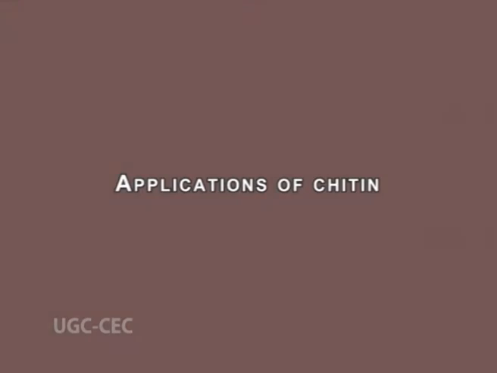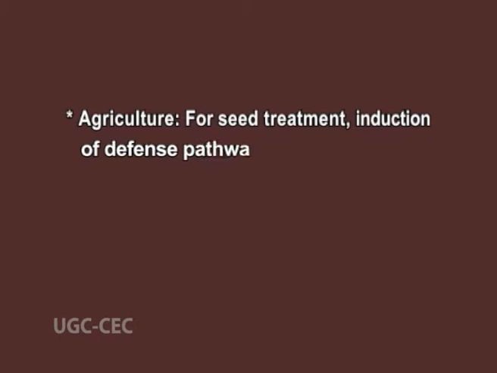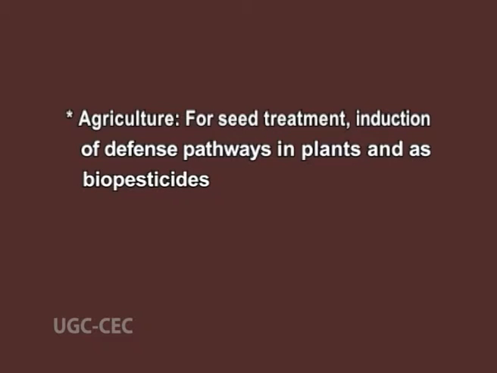Applications of chitin. Chitin finds several uses in sectors such as agriculture, medicine, biomedical research, and industry. Agriculture. Chitin finds application in agriculture for seed treatment, induction of defense pathways in plants, and as biopesticides.